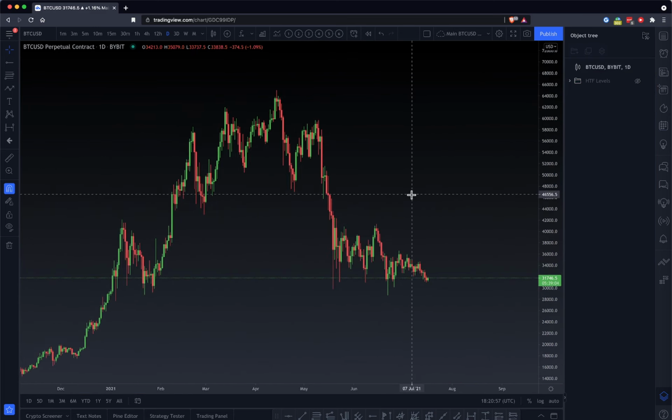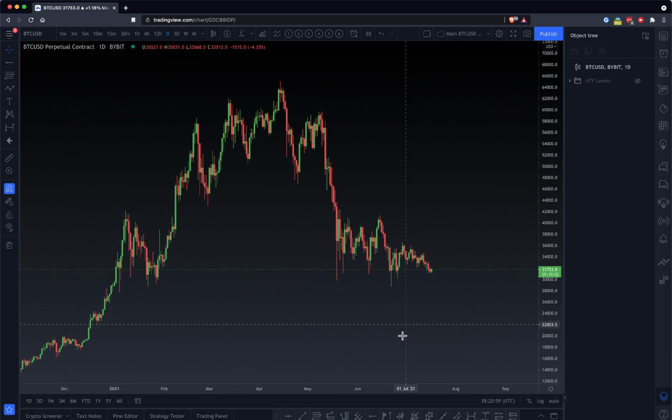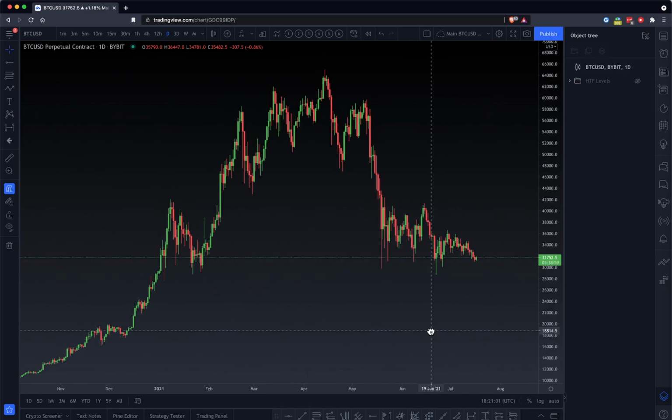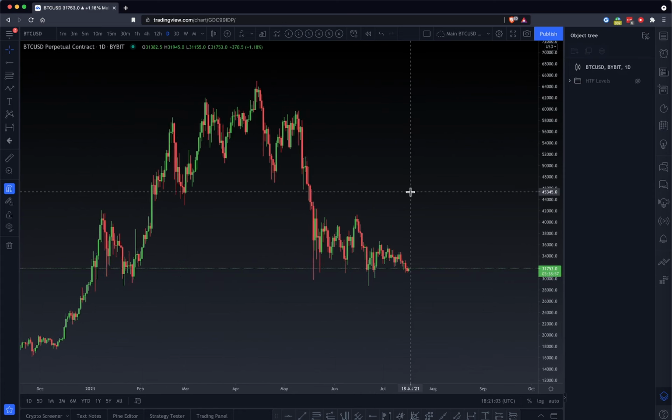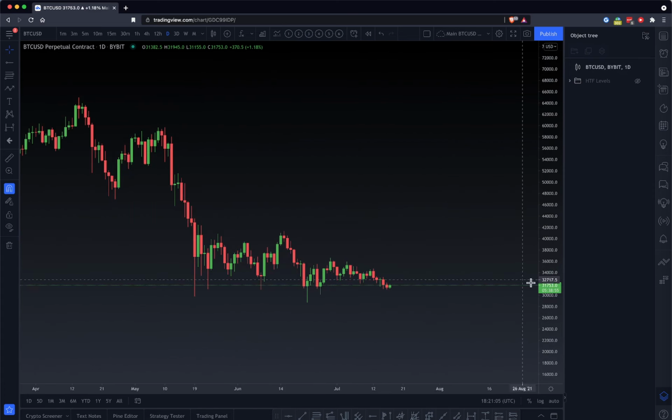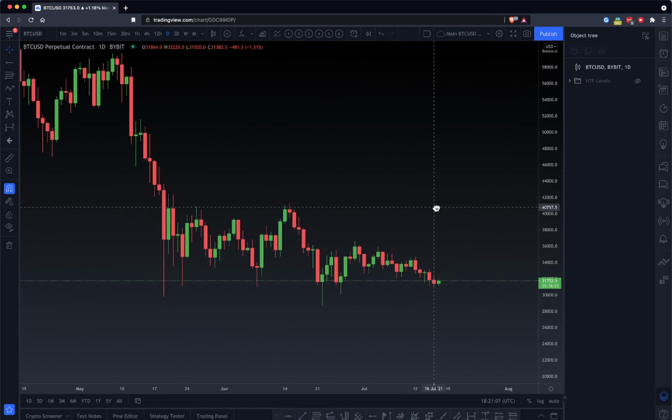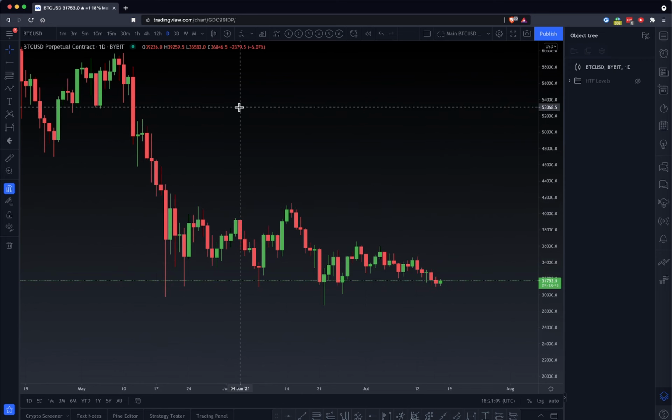Okay. The next thing I want to do is go into this local range slightly deeper and check the market structure here.